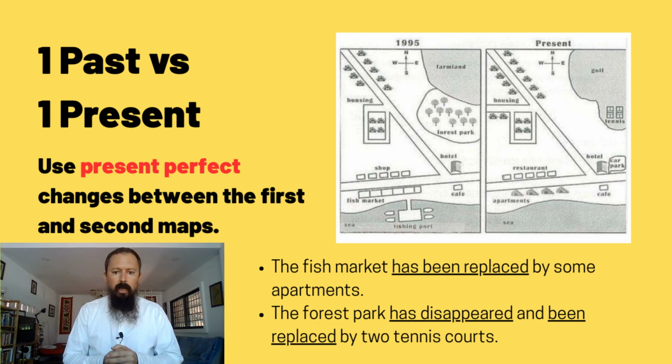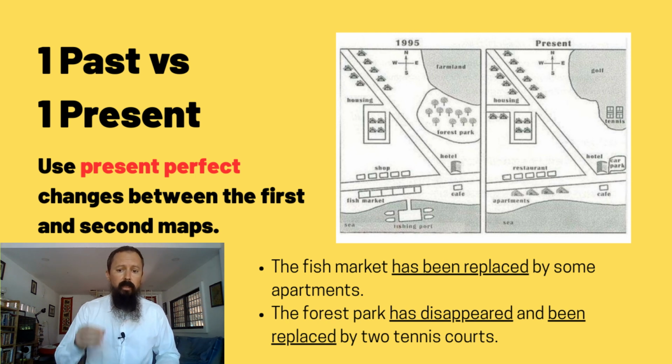because we're really going to be focusing on these changes. So here we can see the fish market has been replaced by some apartments. The forest park has disappeared and been replaced by 2 tennis courts. So in the first case, we've got the passive voice used again. And in the second case, we say has disappeared and has been replaced. So even though we don't repeat has, this is the same verb and it's just been used in 2 parts.